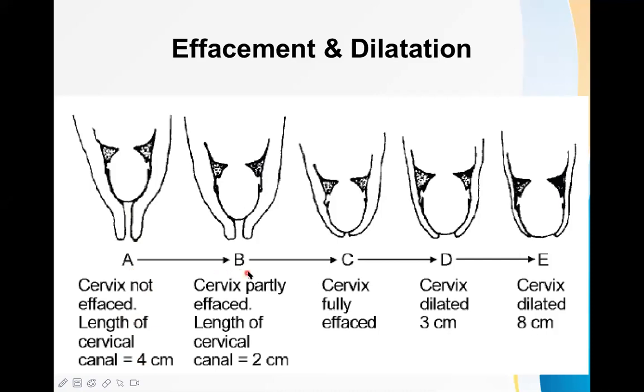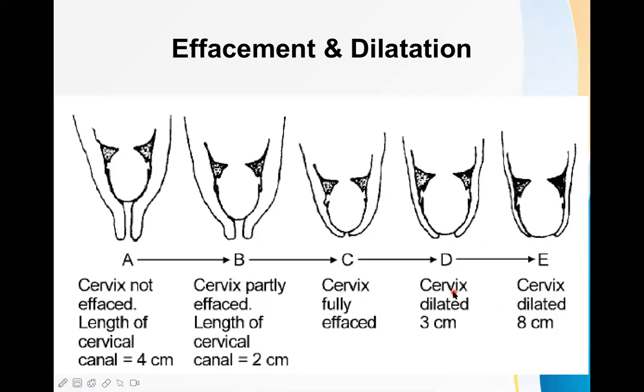Now when I go to B, the cervix is partly effaced and the length of the cervical canal is reduced to 2 centimeter. When I go to C, the cervix is fully effaced now. It is much thinner than in this. And where is the cervical canal now? It disappeared.